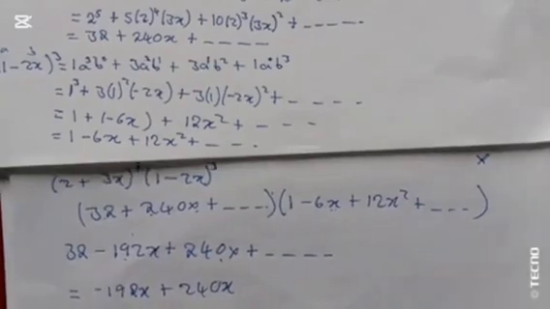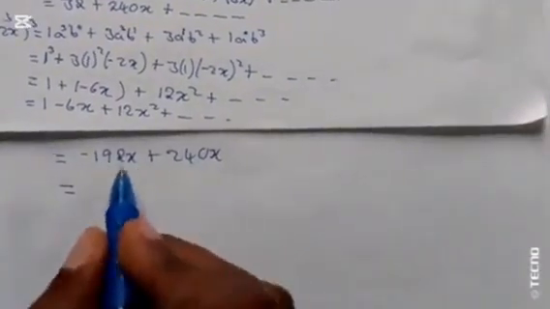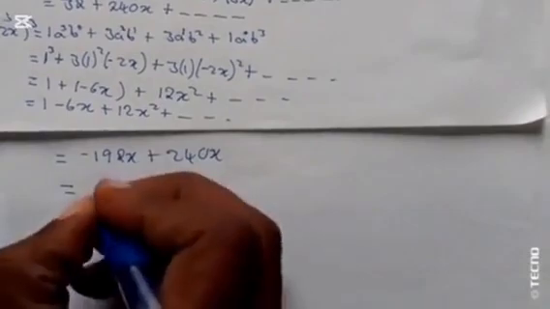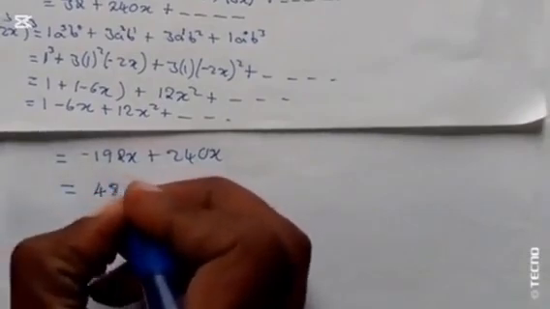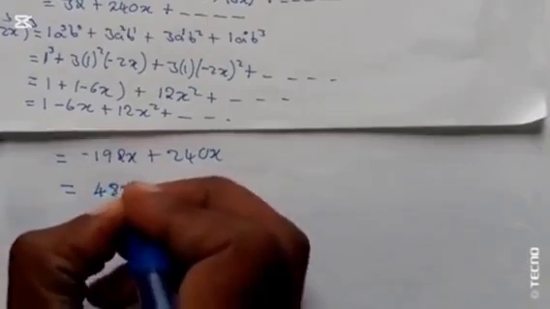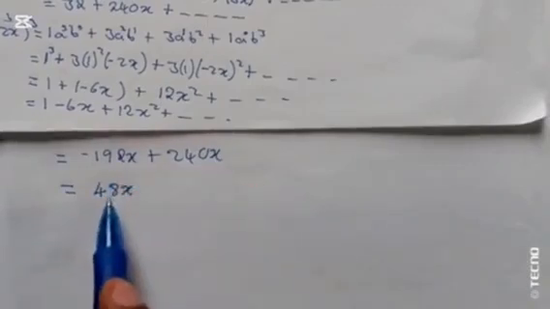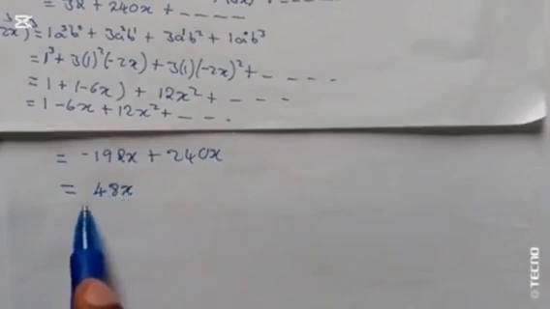So here we would like to write the answer. Once you have this, you take your calculator, you find that your answer is 48x. This x is raised to power 1.